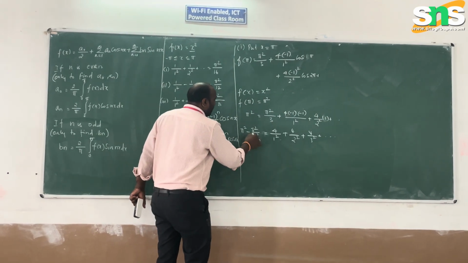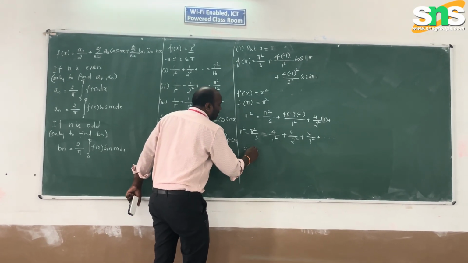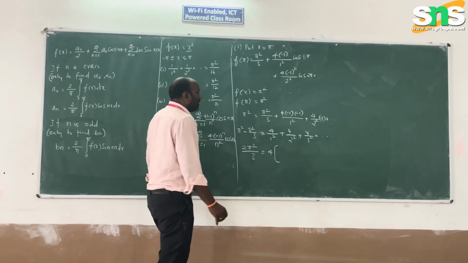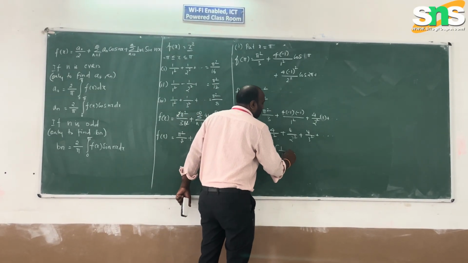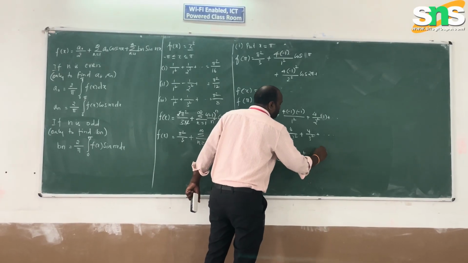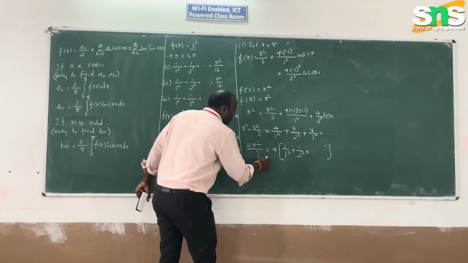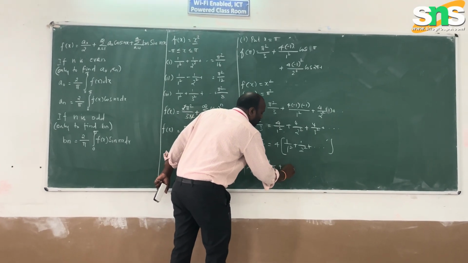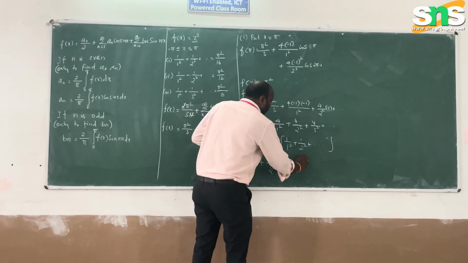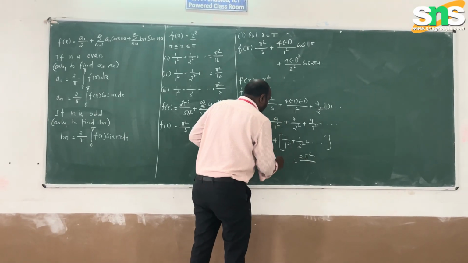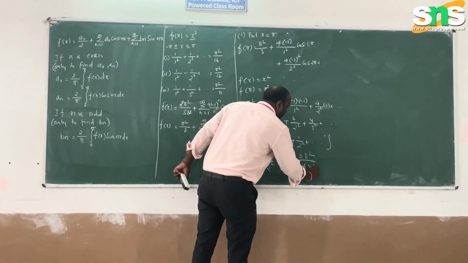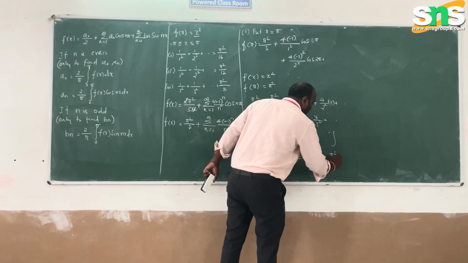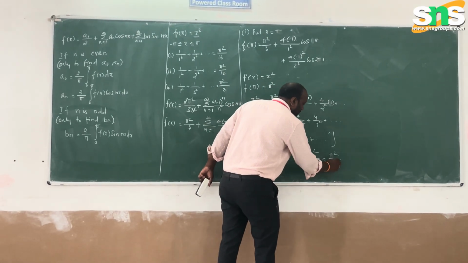So let me take 3 pi square minus pi square, 2 pi square divided by 3, and we'll take the 4 common, then 1 by 1 square plus 1 by 2 square plus and so on is equal to 2 pi square divided by 4 into 3. So then this is pi square divided by 2 3s are 6.